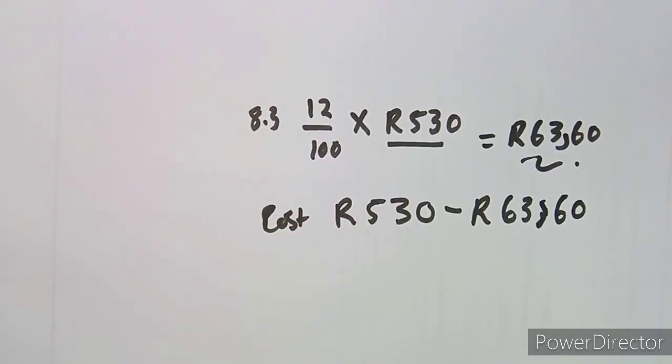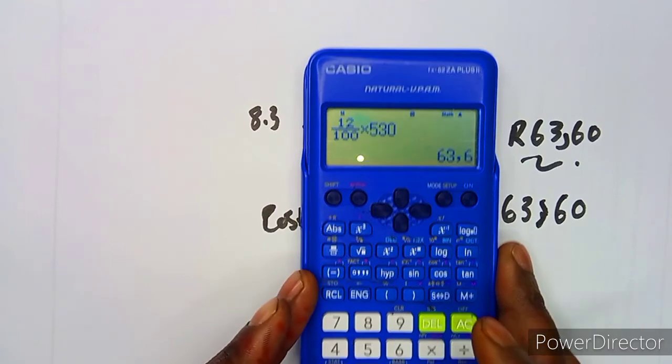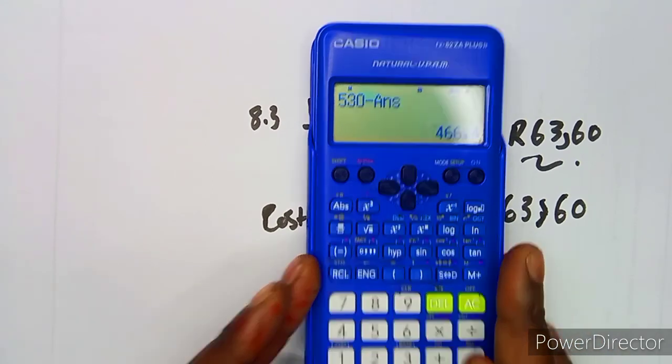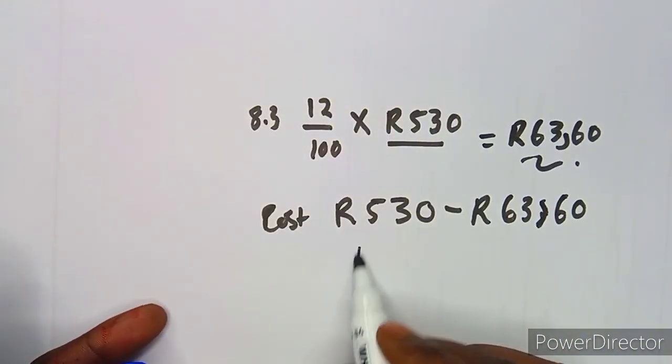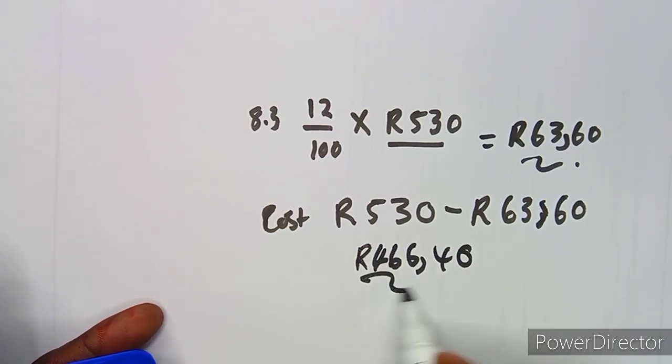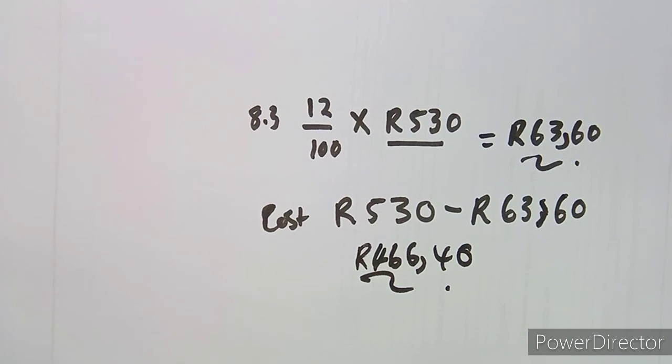So it's 530 minus the answer that we just obtained, which is 466.40 rand. Now, as you can see, that is the amount that we are given.